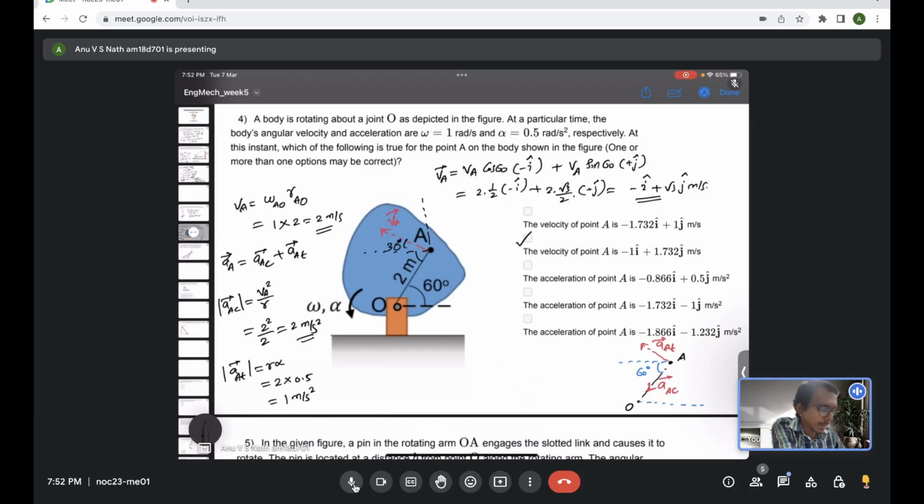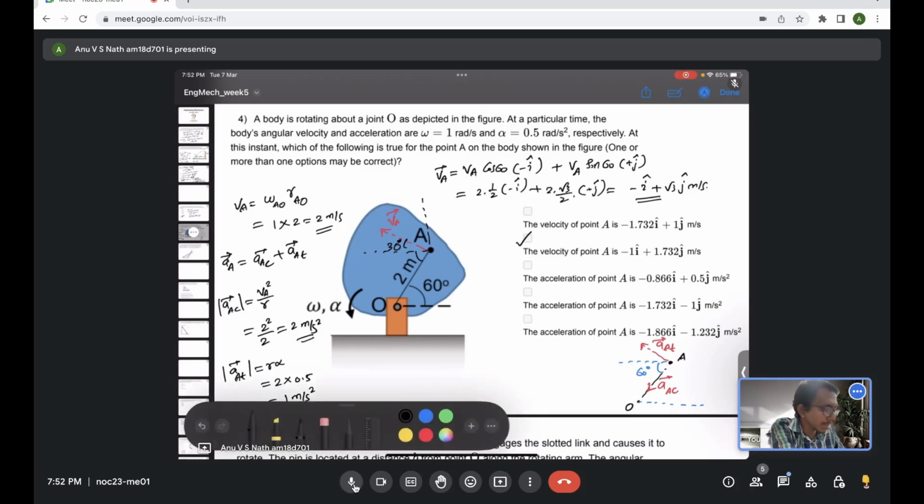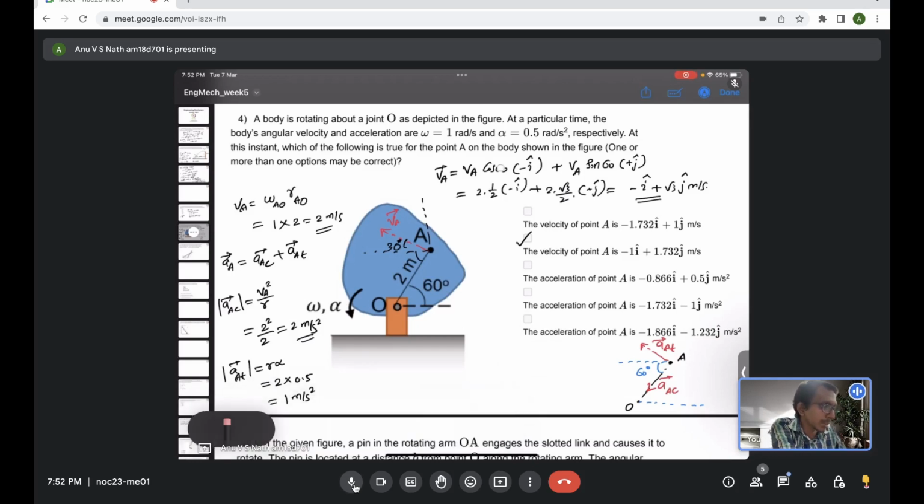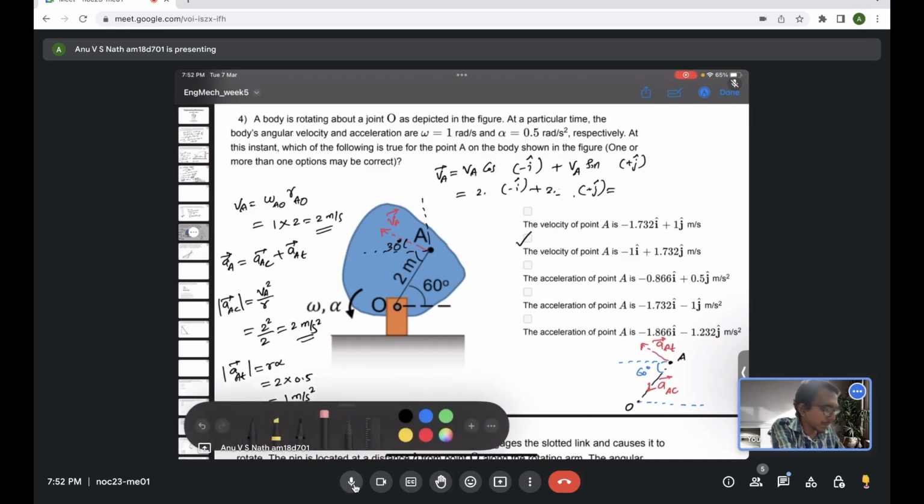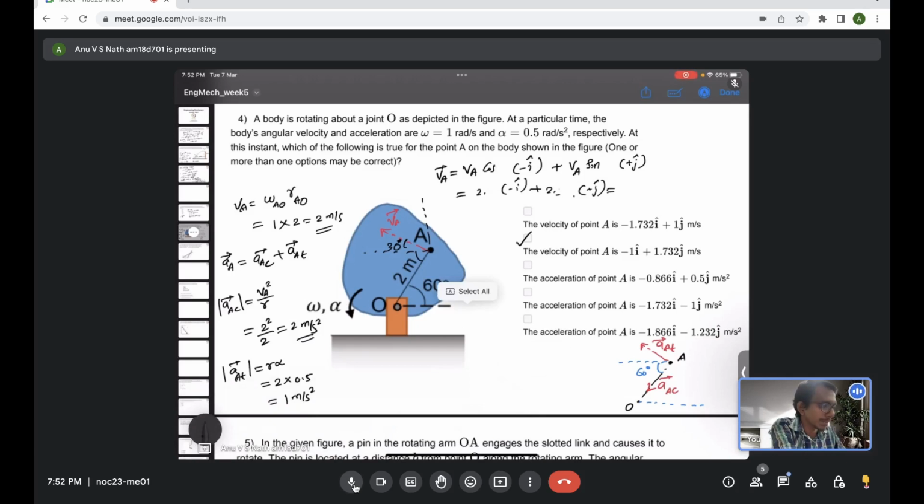So if that's the case, here it will be cos 30 and this will be sin 30, and cos 30 and sin 30 will change the result. I hope you're understanding what I am saying.